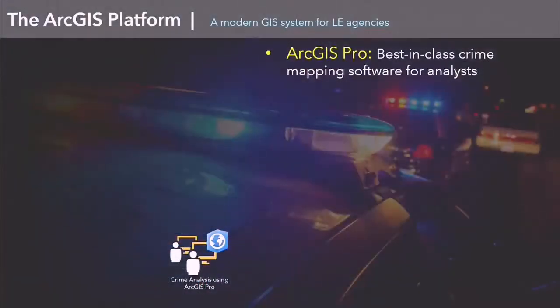It's about an entire suite of complementary products that work together to enable you to deliver interactive products to your end user. That starts with our desktop software, our modern desktop software called ArcGIS Pro. We just showed, in the last workshop, a brand new toolbar that we made specifically for ArcGIS Pro for crime analysts.